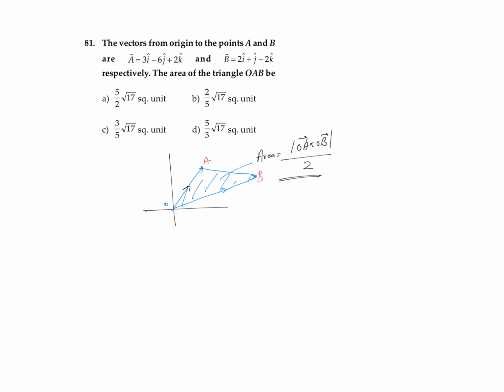So we can write A vector cross B vector is equal to, we can write i, j, k. A is 3, minus 6 and plus 2. B component is 2, 1 and minus 2.